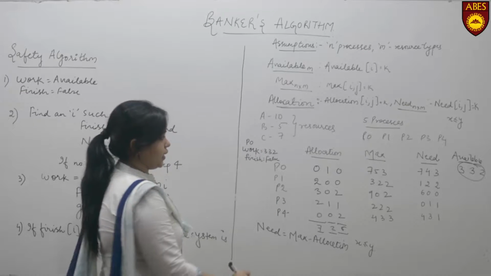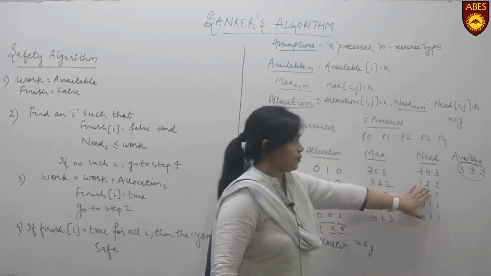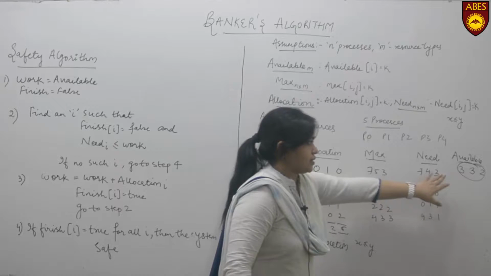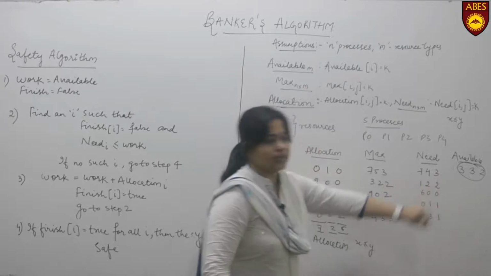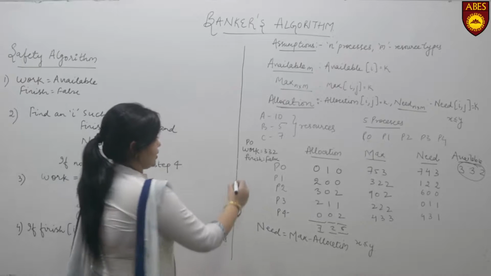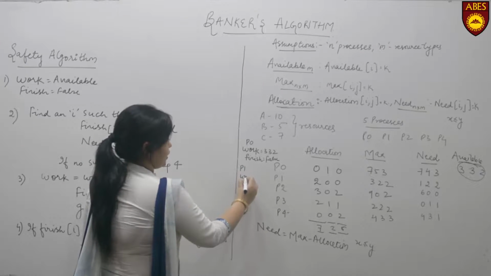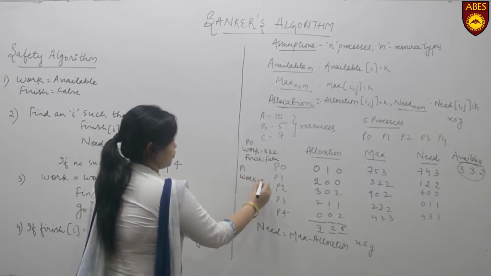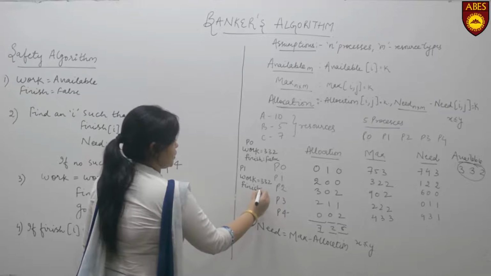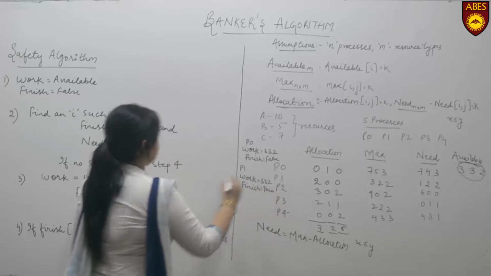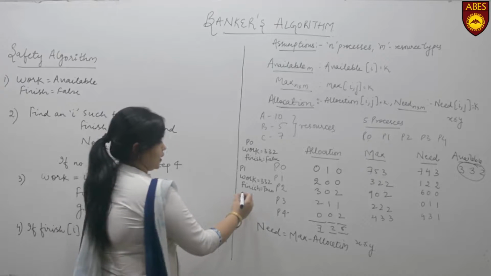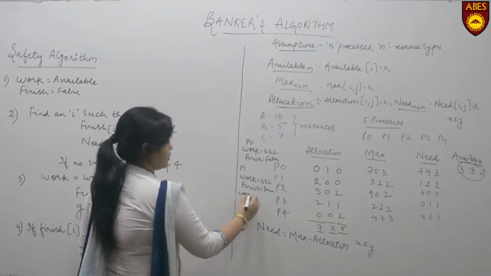Then we are taking the value 1, 2, 2. It can be served because 1 is less than 3, 2 is less than 3, and 2 is equal to 2. So we can serve this process, and in that case for P1 work is equal to 3 3 2 and finish is false, now finish is true. That means we are taking work equals work plus allocation.